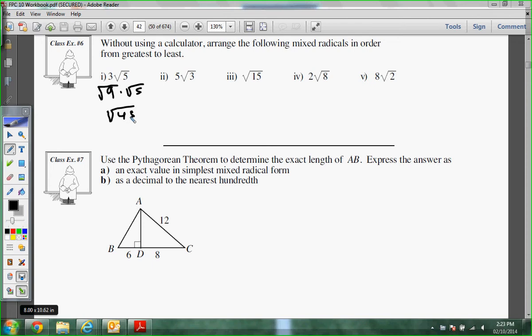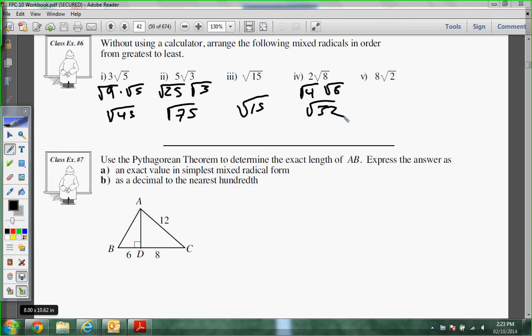Okay, so the easiest way to do this is to just look at all in terms of entire radicals. This here, 25 times root 3. Wow, this one's a lot bigger than that one. Root 75 is a lot bigger than root 45. Root 15 is really small. We'll just leave it as root 15. 2 squared is 4 times root 8, that's root 32. So that's not that big.